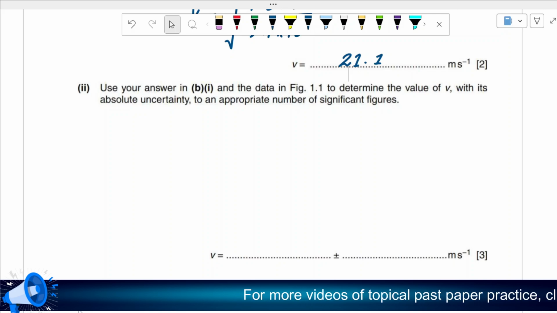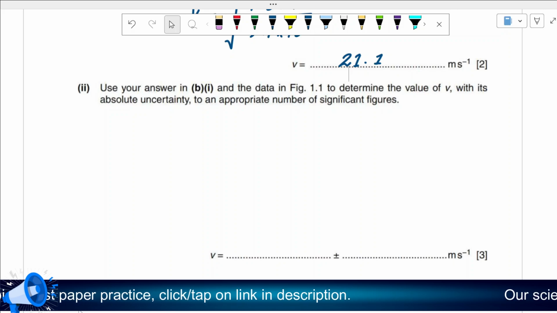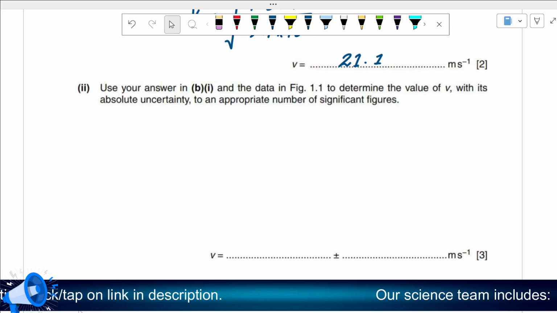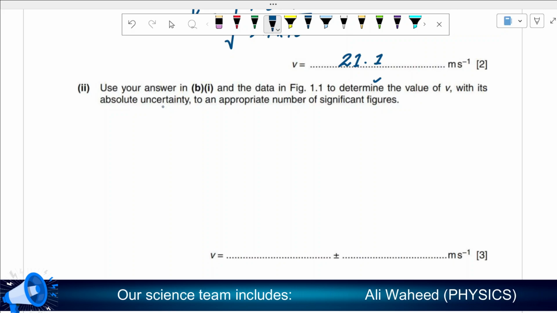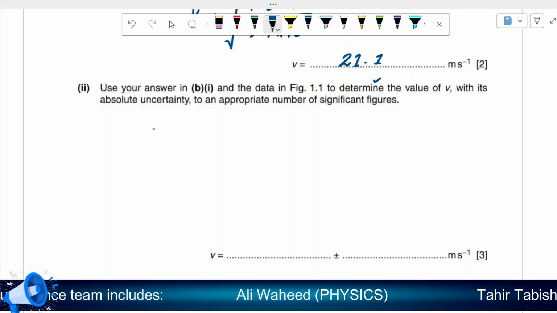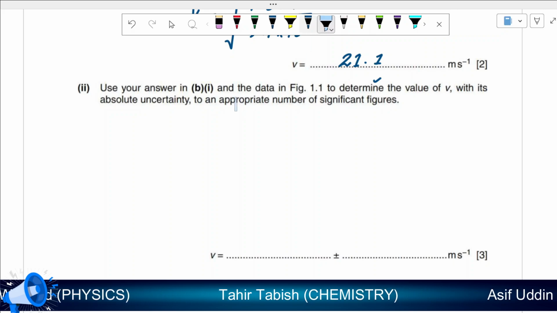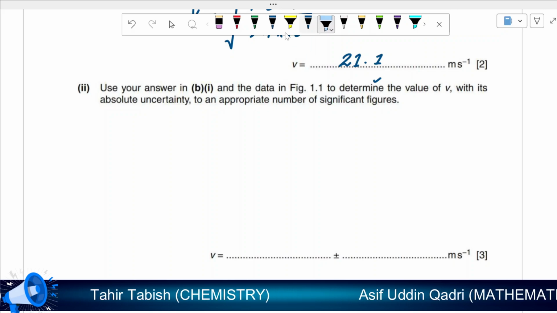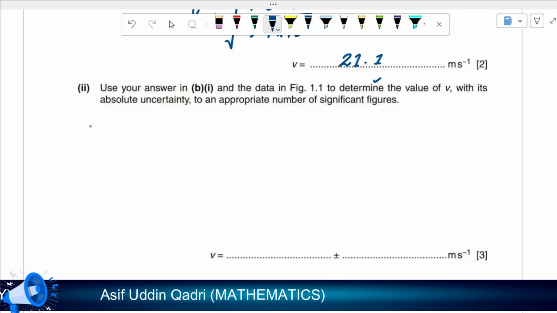So the next part is: use your answer in B and the data in figure 1.1 to determine the value of V. We already have the value of V along with its absolute uncertainty, and finally, to an appropriate number of significant figures. So we have the principal value, which is 21.1, but plus minus what?